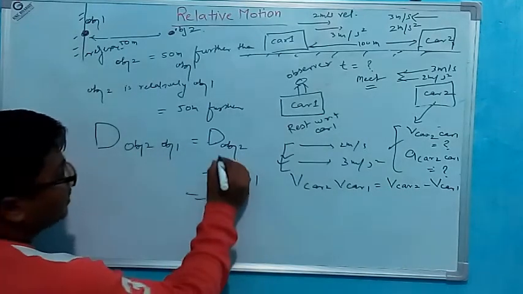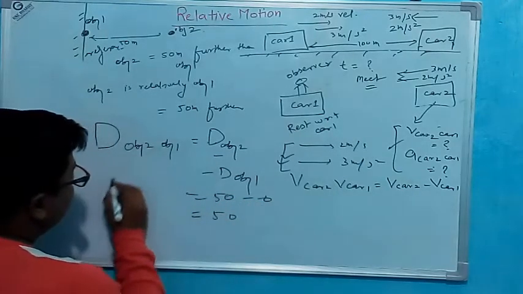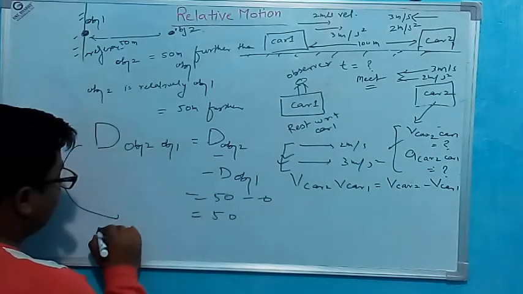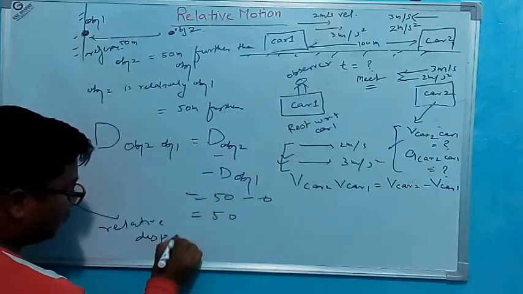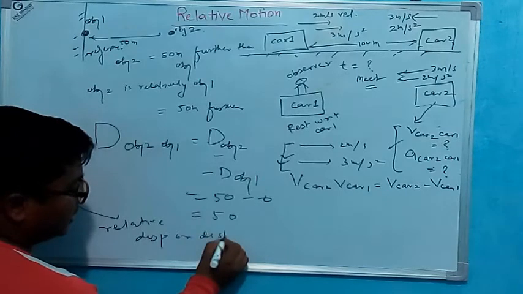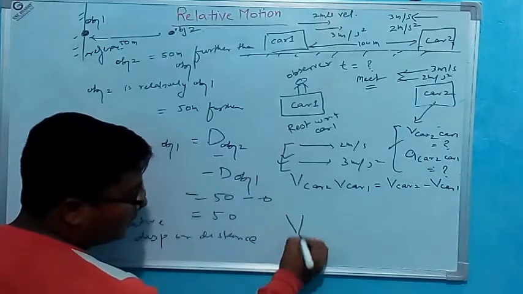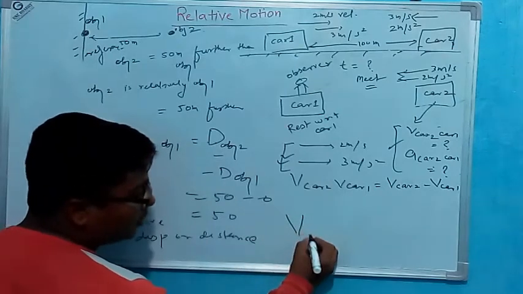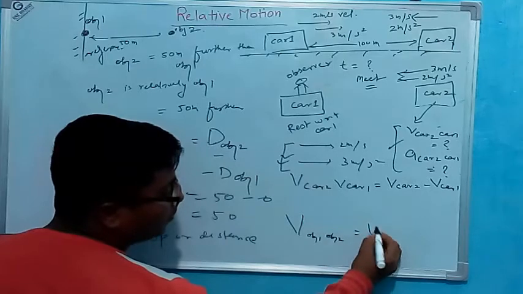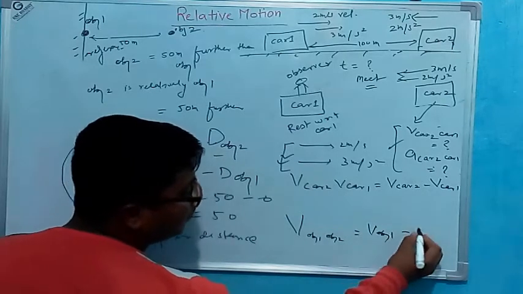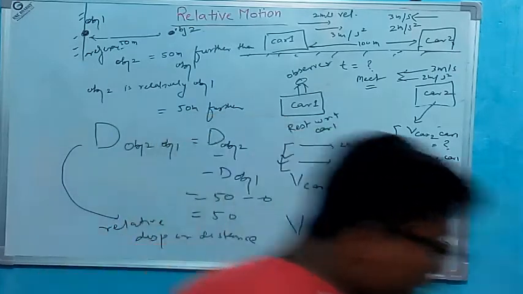We have to take it as the reference point. Okay, this is 50 meter minus 0, which is 50. So this is the relative displacement or distance. Similarly, the relative velocity of object 1 with respect to object 2 is velocity of object 1 minus velocity of object 2. Okay.